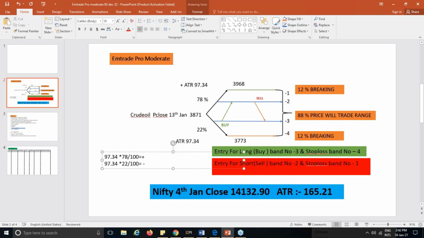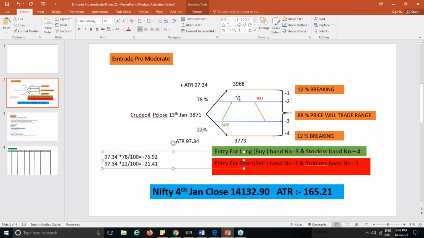That's the backend calculation. 78 divided by 100 multiplied by 97.34 is plus 75.92. For the downside, 22% multiplied by 97.34 is 21.41.